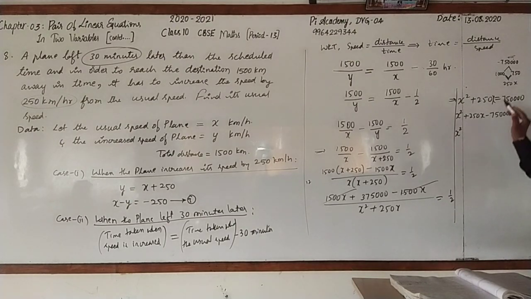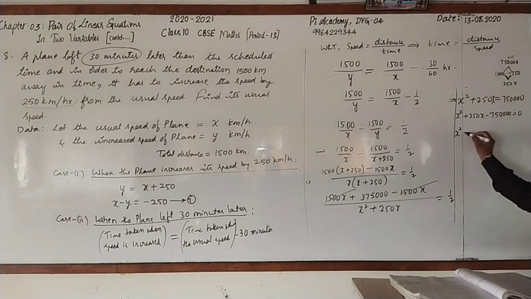Is it okay? Observe it. 75 also 75. And here let us go for minus 750, because 1000 minus 750 is equal to 250. x square plus 1000x minus 750x minus 750,000 is equal to 0.